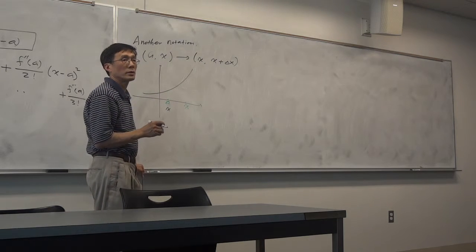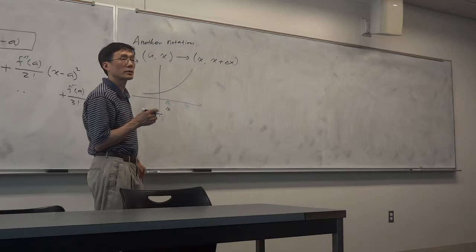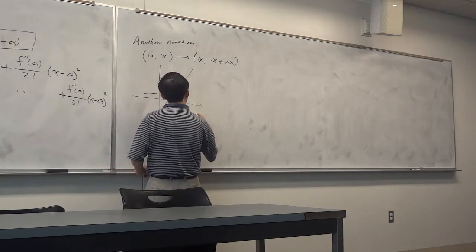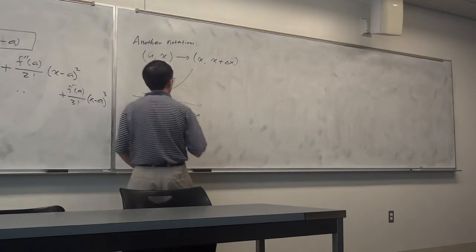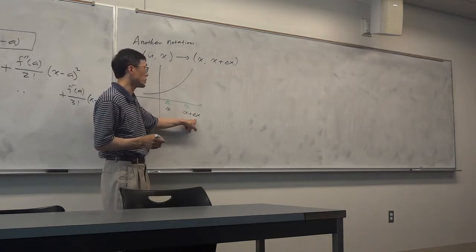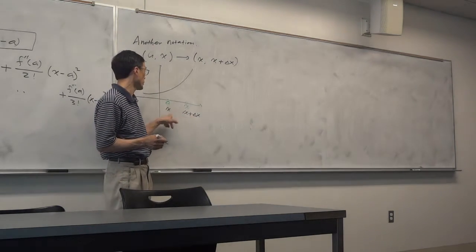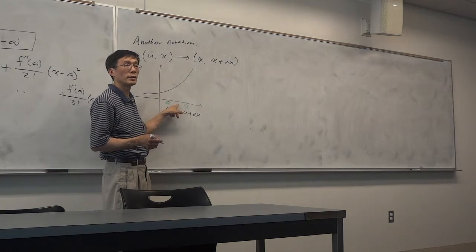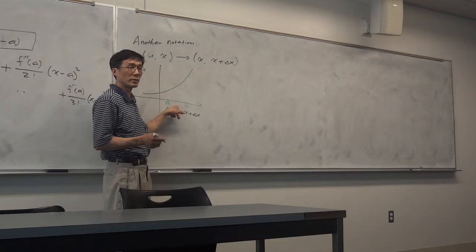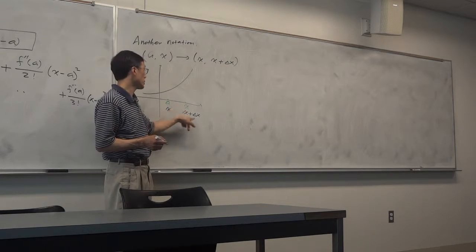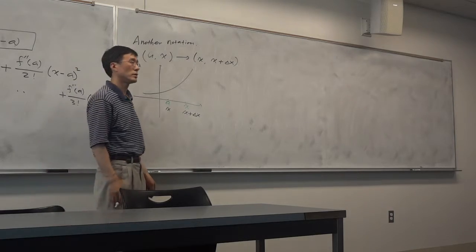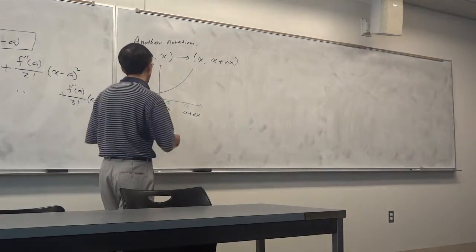Instead, you use x plus delta x. Why do you want to use this notation? Because when you have a picture like this, delta x is exactly what? How much it changes, yes. And people often use delta x to denote changes. So that can be useful.